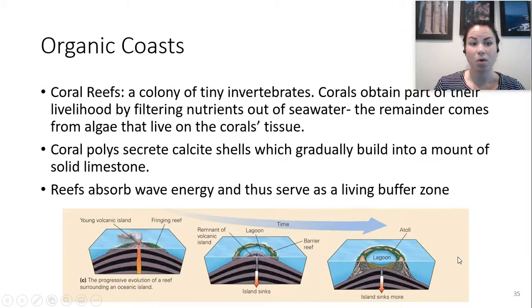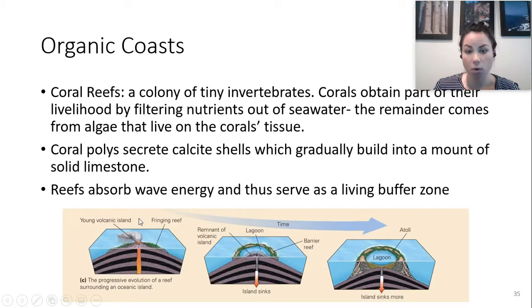Okay, so let's talk about coral reefs. A coral reef is a colony of tiny invertebrates, and corals obtain part of their livelihood by filtering nutrients out of seawater. If you've been to areas that generally have warmer water, that is where we see more coral reefs. And they are quite beautiful to look at because they have so much different life. It builds life for fishes and all sorts of stuff.